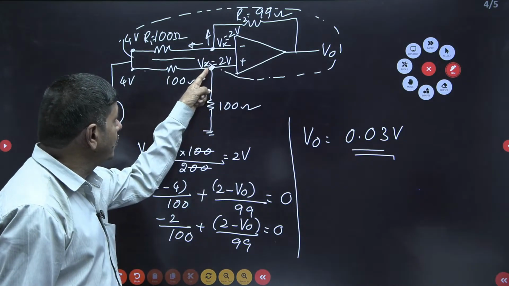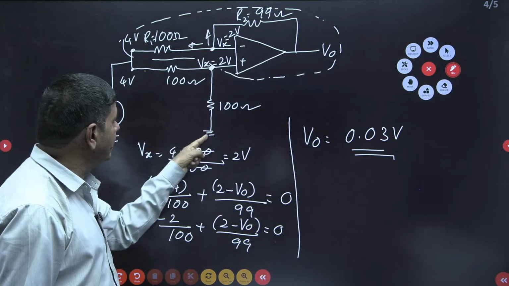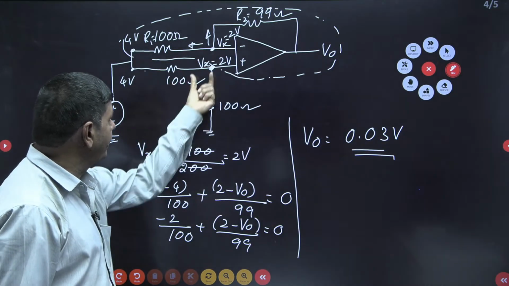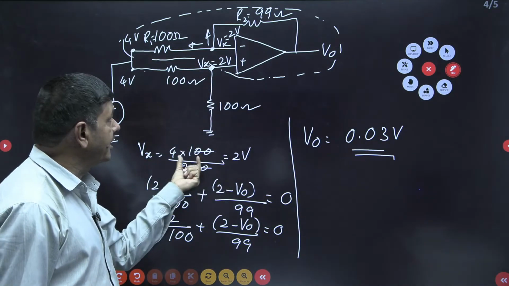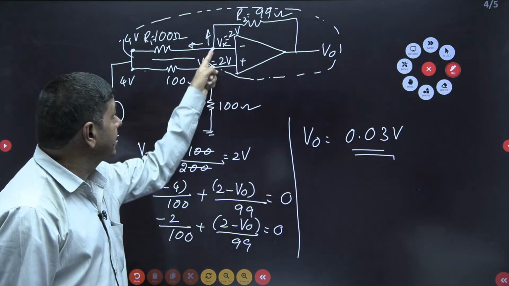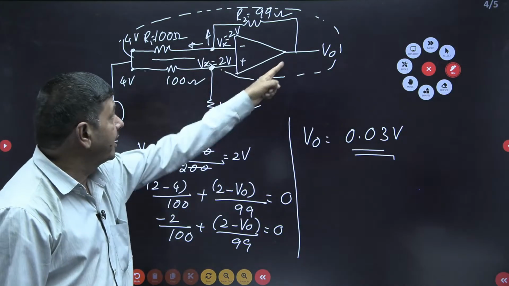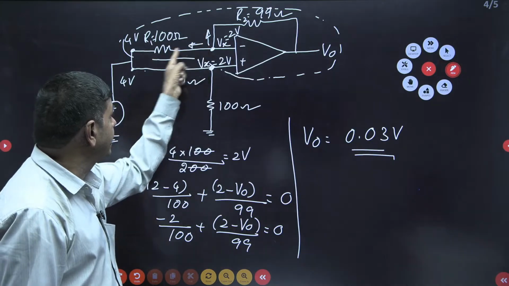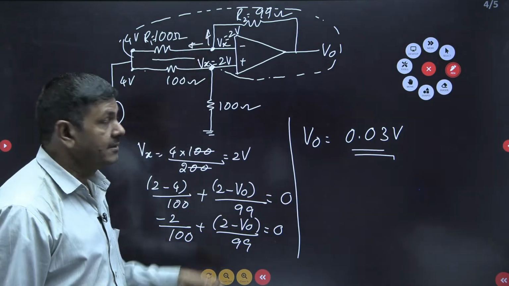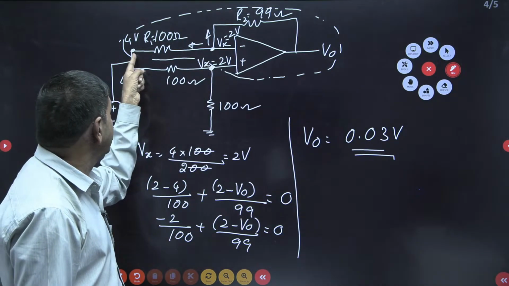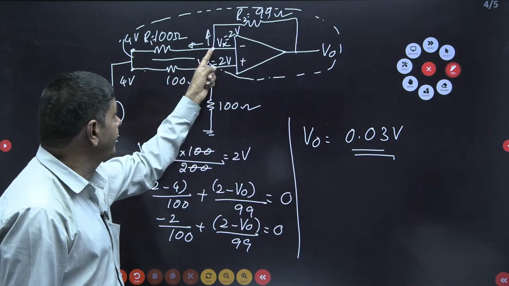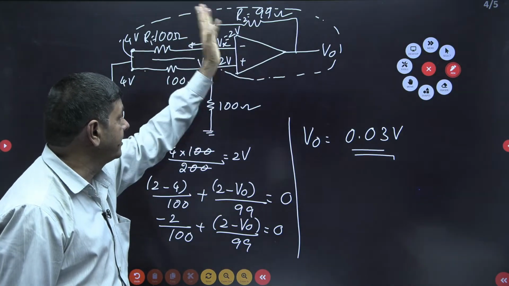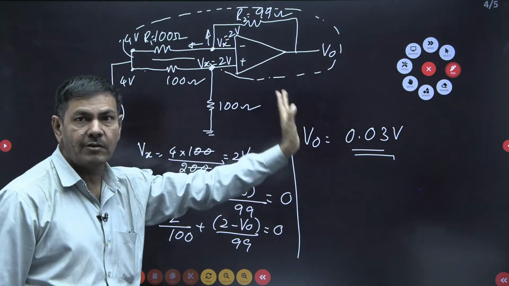You find out this node voltage by using the voltage divider formula, I can find the Vx value. This voltage is the same. To get the V0, apply the nodal analysis. This current plus this current equal to 0. This current, you know, Vx minus 4 by 100, plus Vx minus V0 by 99 equal to 0. Then you can determine the V0 value.